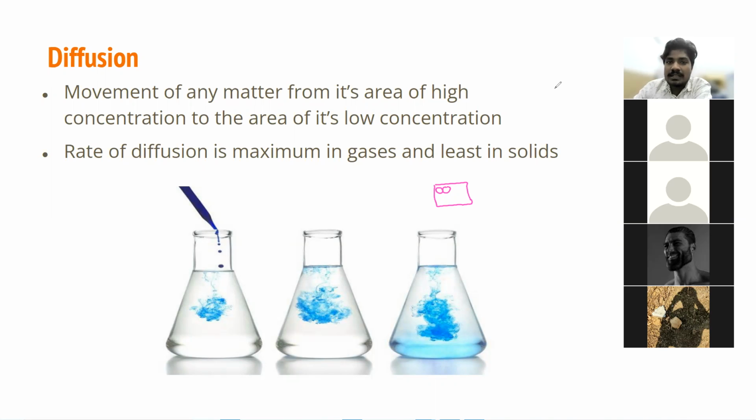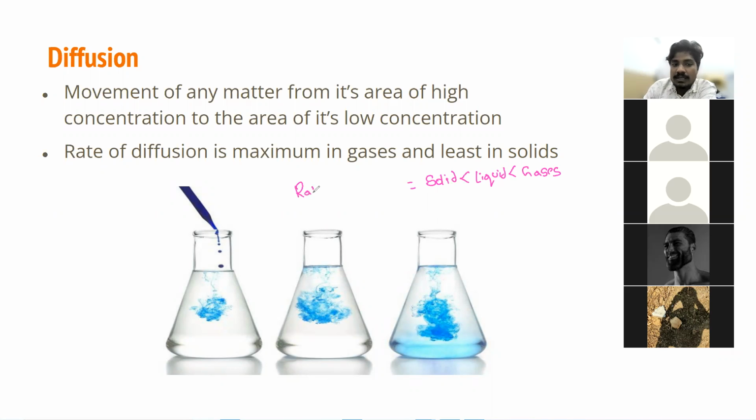If I write the rate of diffusion in the different matter, it will be something like this in increasing order. The rate of diffusion in solids is less than in liquids, which is less than in gases. If you want, please note this down. This is the increasing order of rate of diffusion.